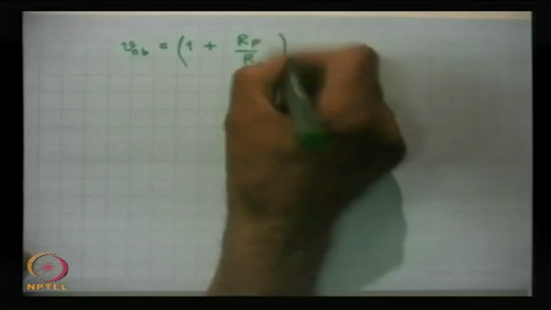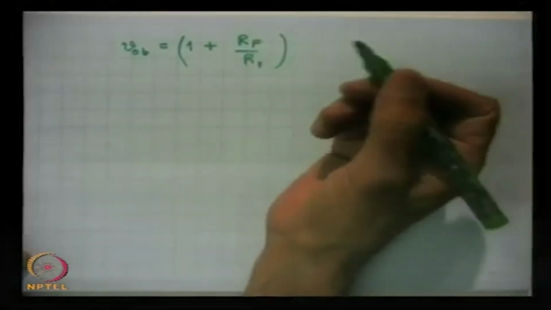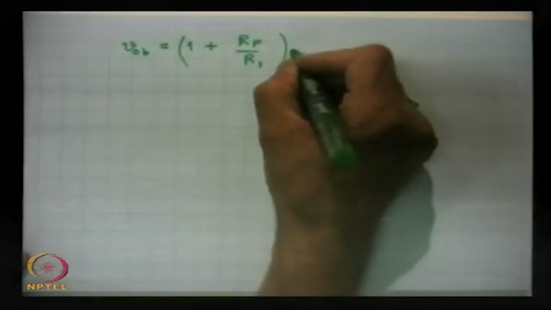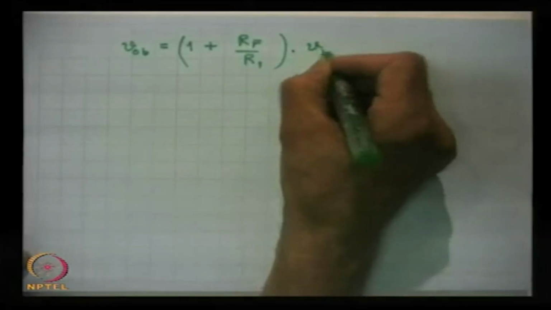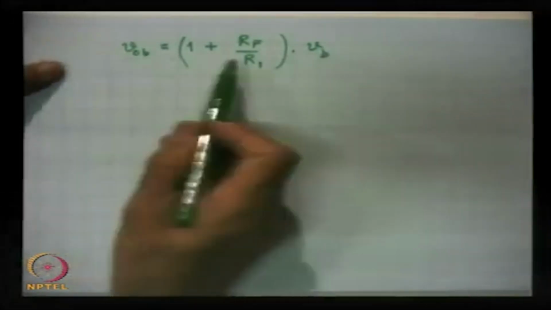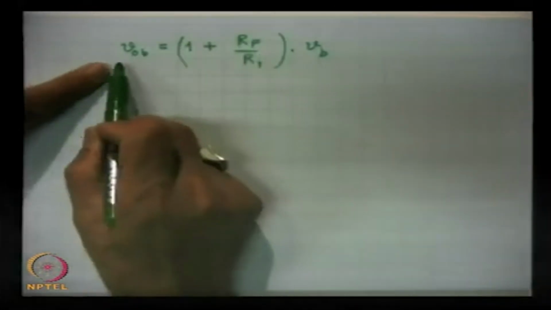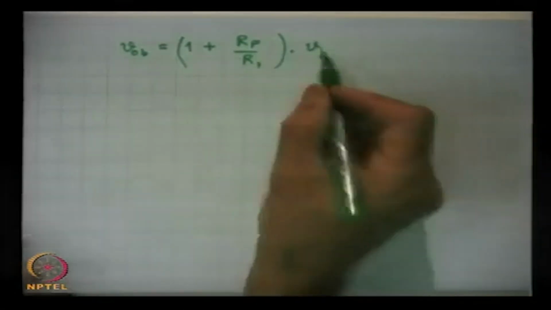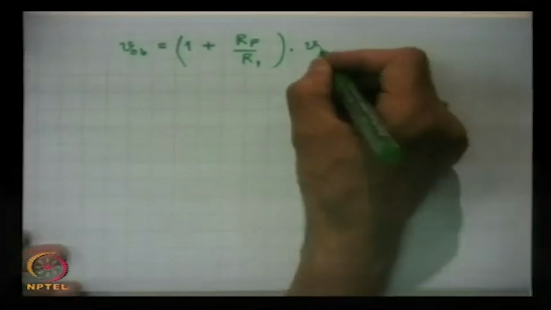This is the gain which we have arrived at earlier for a non-inverting amplifier. This is the gain, and into the input signal. This VOB by V1 is the gain of the non-inverting amplifier, which is equal to this, and hence VOB is equal to this. Now we substitute for V1.